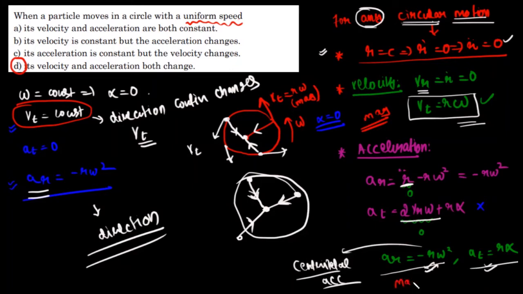Similarly, magnitude of centripetal acceleration is also constant. But as you could see, if I take a particle here, my tangential velocity was this and my acceleration was this. But if I take a particle here, this is going to be my tangential velocity, acting in this direction, and this is my acceleration. So acceleration direction and velocity direction is continuously changing. So option D is correct.